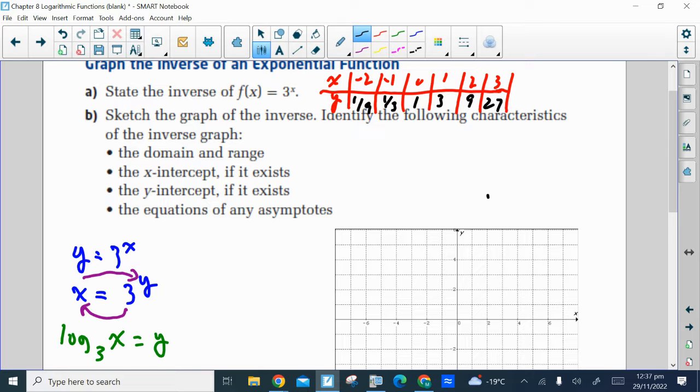To get our points for the inverse, we'll just switch the x and y values around. Instead of negative 2 comma 1/9, we'll have 1/9 comma negative 2. Instead of negative 1 comma 1/3, we'll have 1/3 comma negative 1.